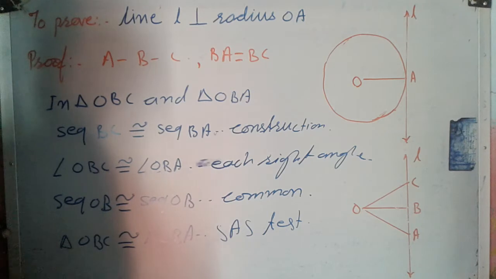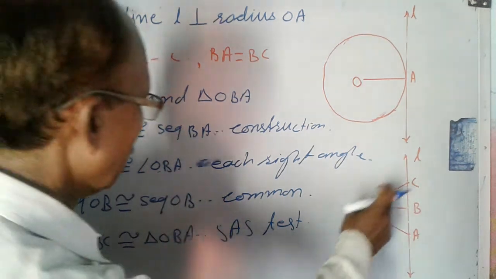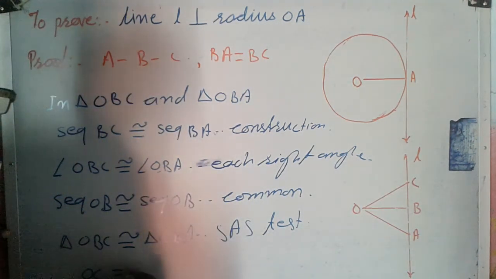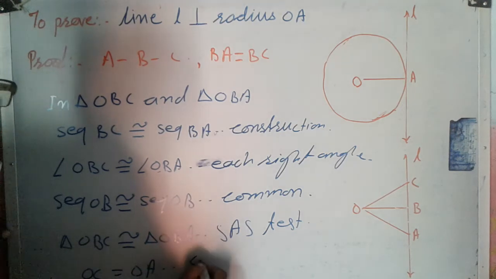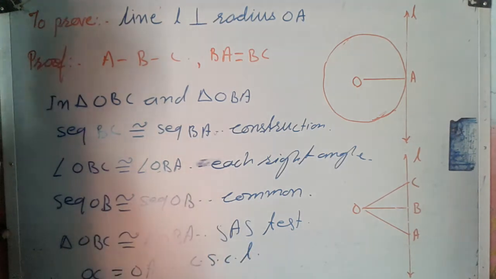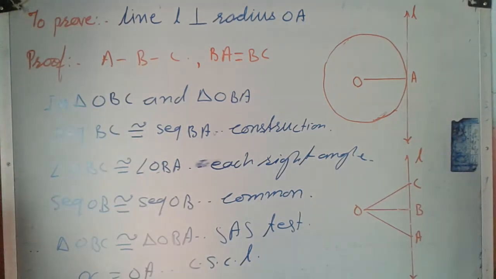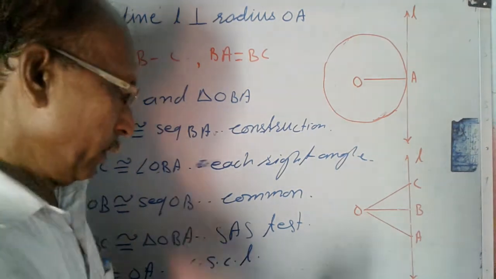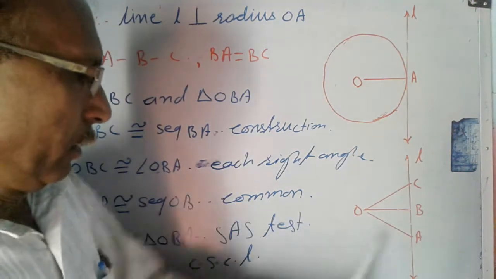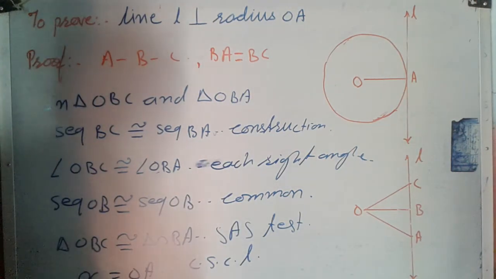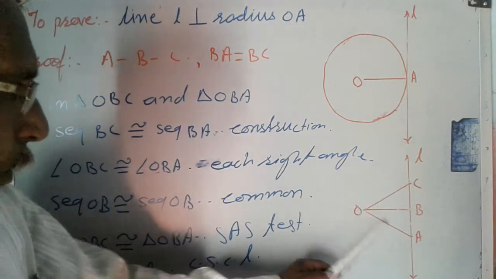Now these two triangles are congruent, therefore their corresponding sides are also congruent. Therefore, OC is equal to OA, corresponding sides of congruent triangles. So we came to the conclusion that OC is equal to OA.